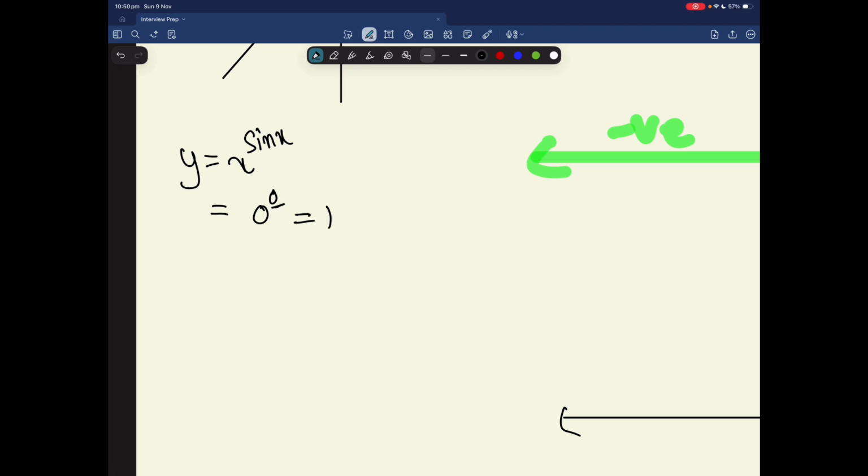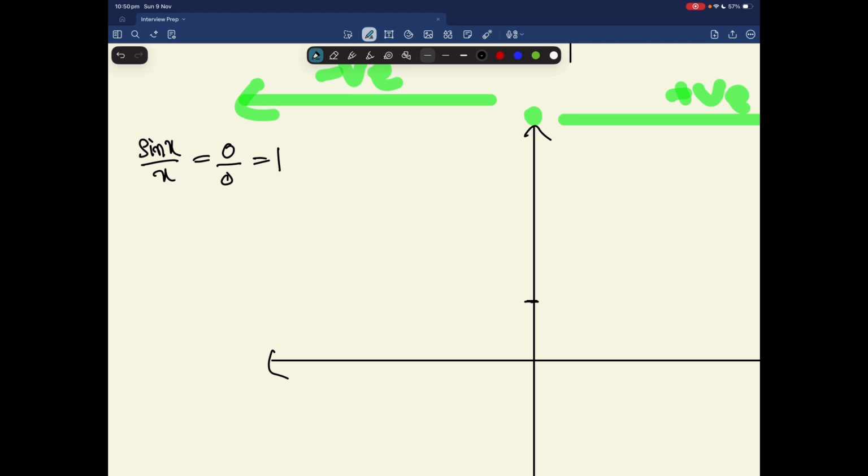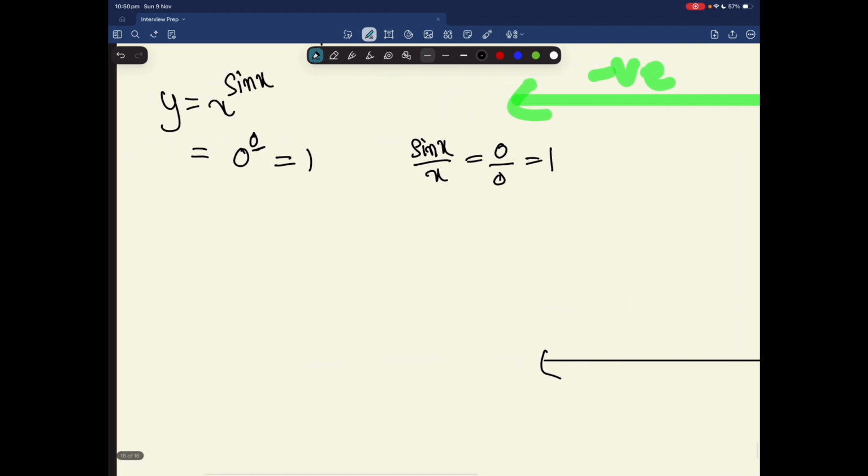This is kind of a similar case to if we had sine x over x, we would have 0 over 0, but then because it's a ratio, it would be 1, right? So the y-intercept would be at 1.